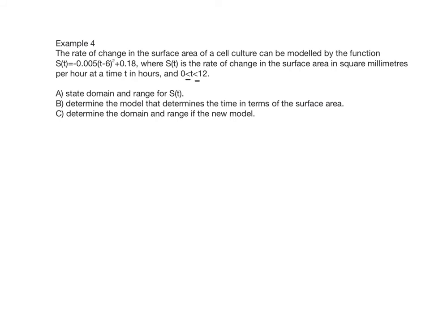And last of all, we are asked to determine the domain and range of our new model. Well, our domain and range are still going to be based on the same limitations, meaning that we can't go into the negatives and that we have set maximums. The only difference is that they're found in the opposite location. So our domain was time, but now our input value is s, or surface area, so our domain must reflect the surface area.